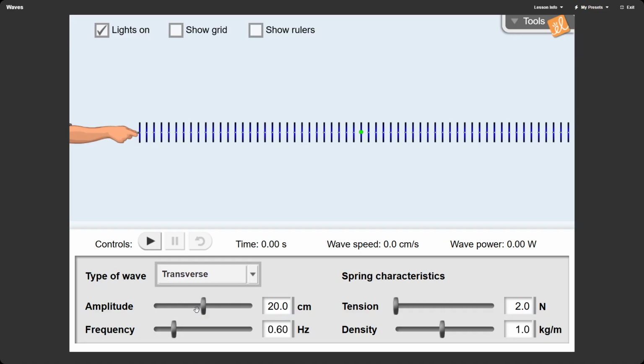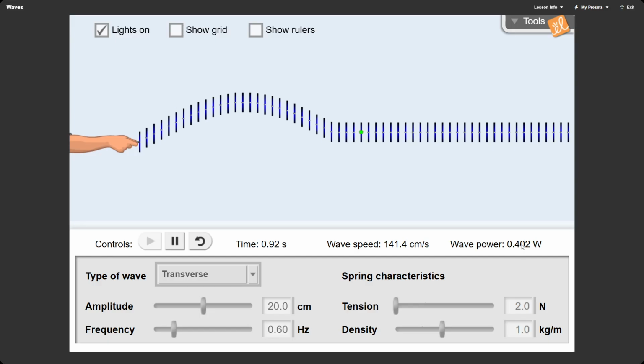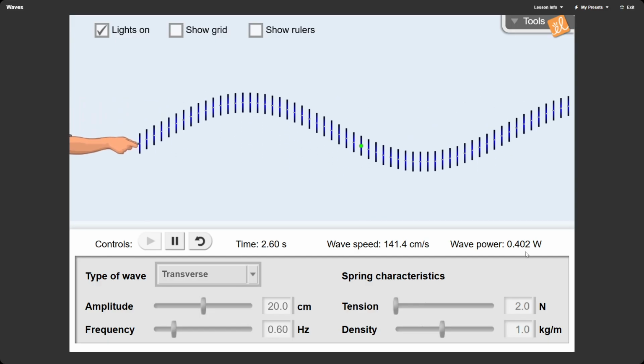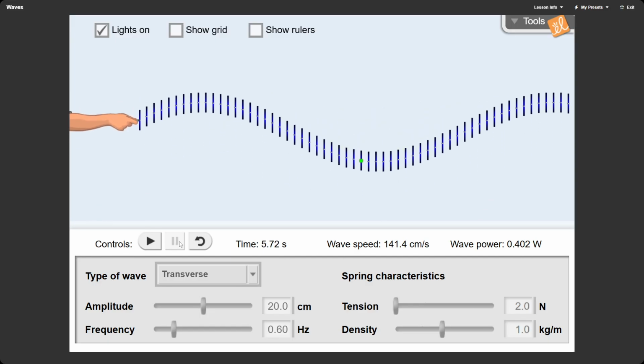So we have 20 amplitude, tension is set for 2, frequency 0.6, and then your density is set at 1. If you hit click play, was there a difference between the wave powers? Go ahead and answer that into 5B.